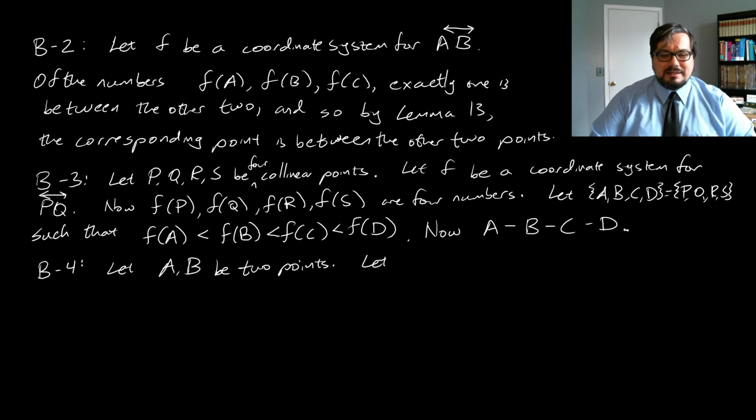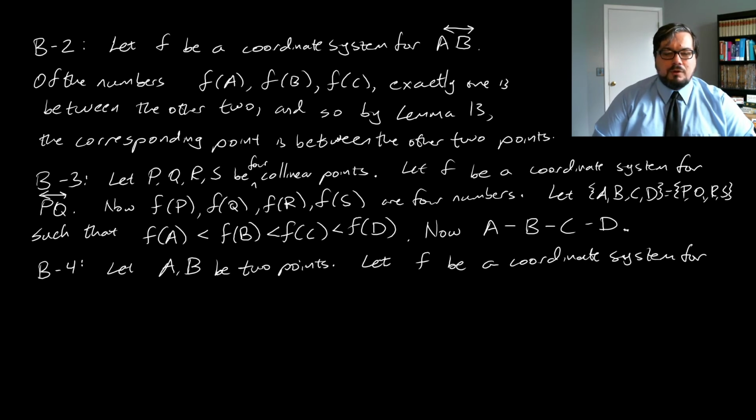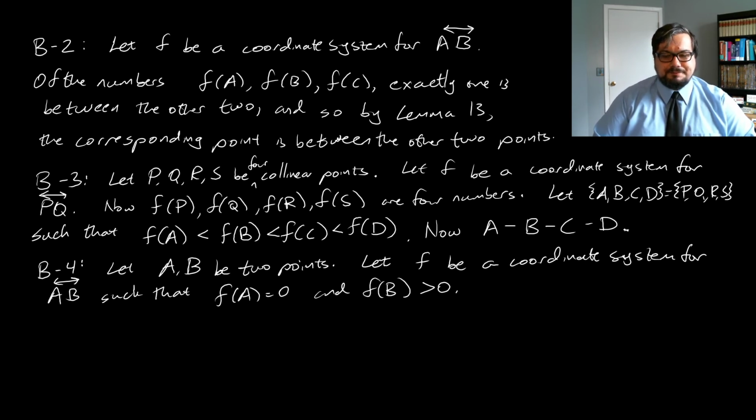It's not strictly necessary, but it makes the theorem a whole lot simpler to write down. So let F be a coordinate system for the line AB such that F of A equals 0 and F of B is positive.